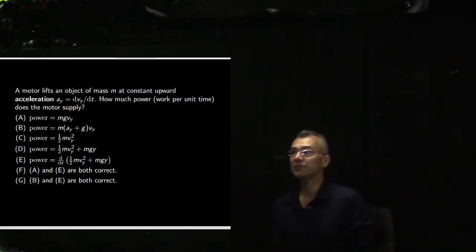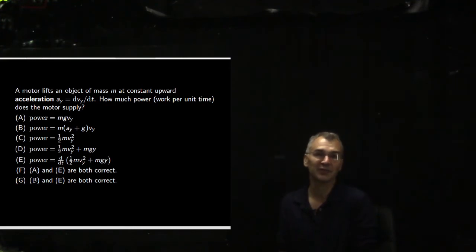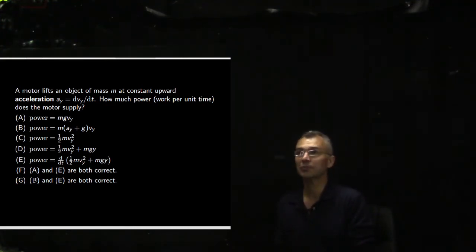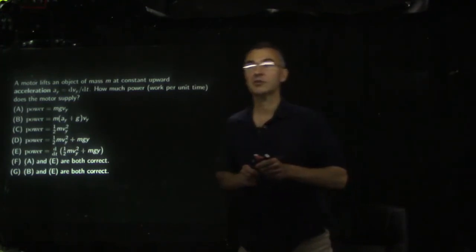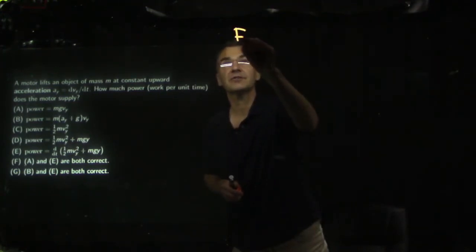A motor lifts an object of mass m at constant upward acceleration a sub y, which is the rate of change of v sub y. I guess somehow we've introduced the variable y, even though it doesn't really appear till the next chapter. How much power, power being work per unit time, does the motor supply? Oh, that's pretty interesting. I think the way to do this is to write an expression for the energy of the system.